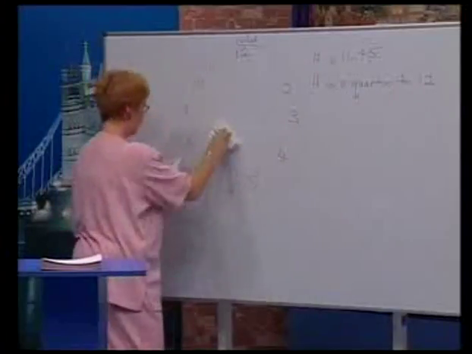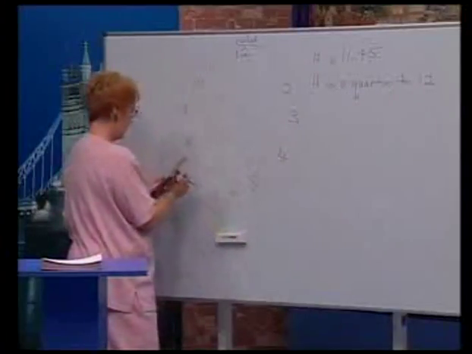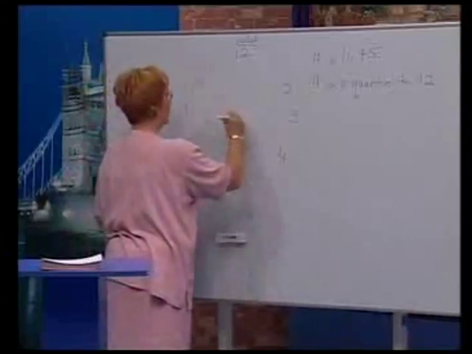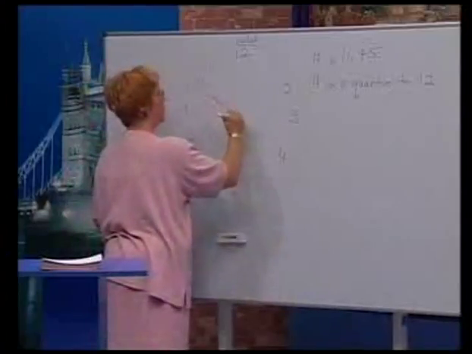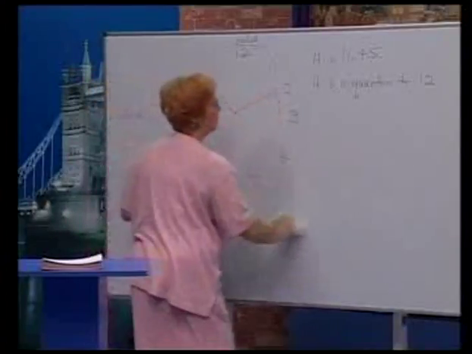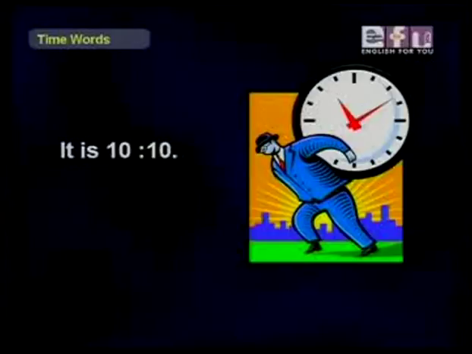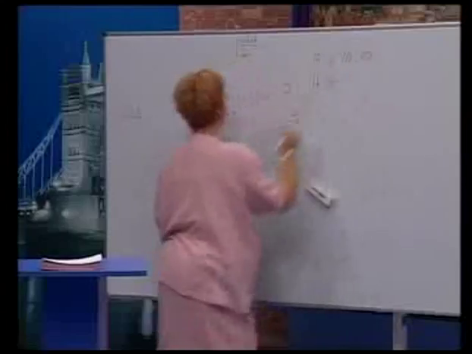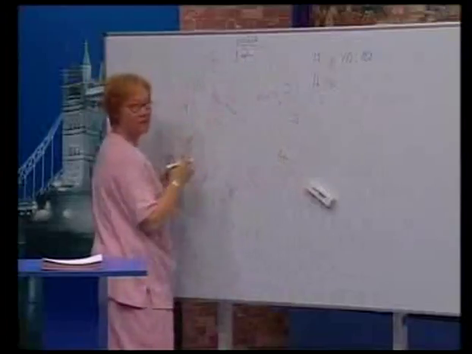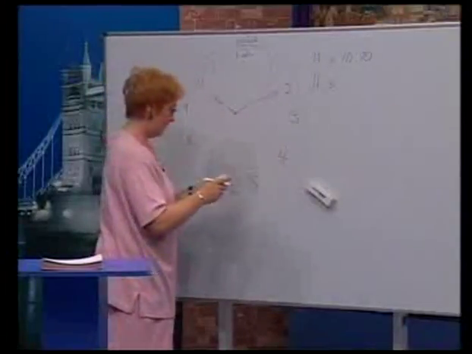We're going to see all sorts of times here. All right. We have, let's get the right color, it is 10. Now, this one's kind of easy. It is 10:10.